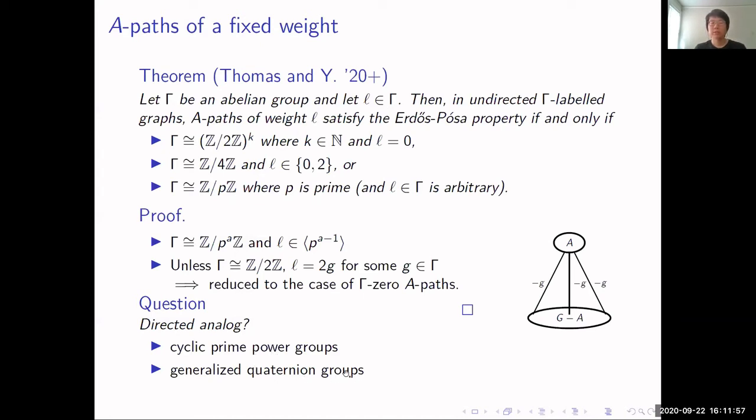In the directed version, we don't assume that the group is abelian, because this cancellation property actually works in non-abelian groups as well. So it makes sense to look at non-abelian groups. So these two cases will have to be dealt with. And I'm very curious to know if these generalized quaternion groups actually have any sort of meaning in the context of the Erdős-Pósa property.